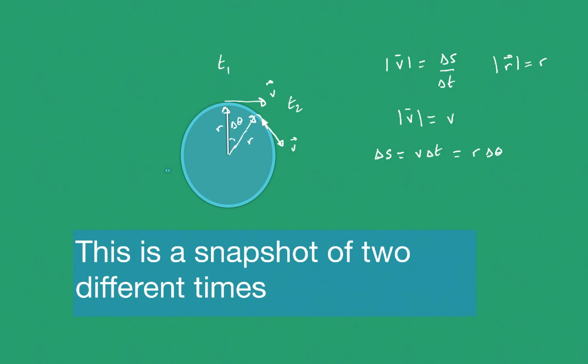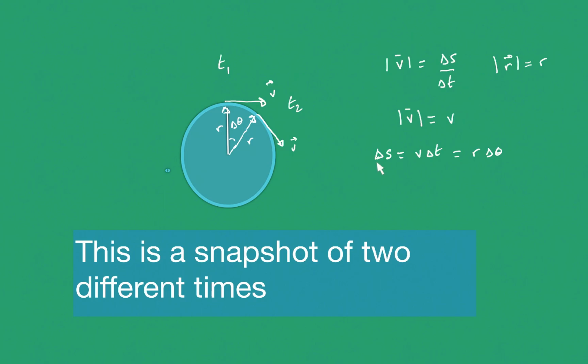The velocity changes in direction but doesn't change in magnitude. So the magnitude of the velocity is the distance along the circumference divided by the time elapsed, t2 minus t1. The magnitude of the velocity is what we call the speed.